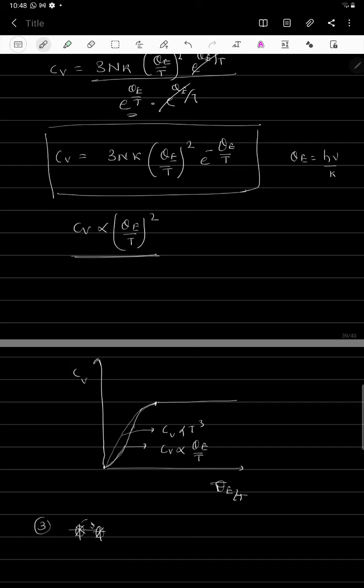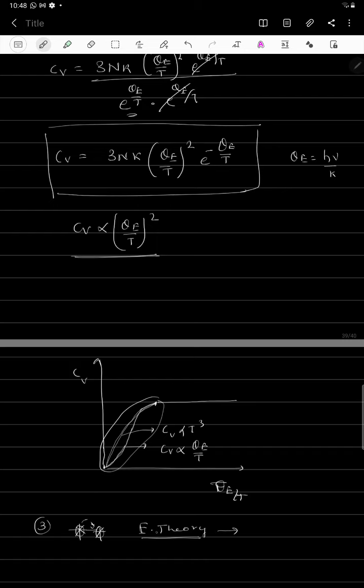And he failed to explain that at lower temperature the Cv is dropped suddenly, and we cannot follow the experimental curve. So this drawback is the failure of Einstein's theory.